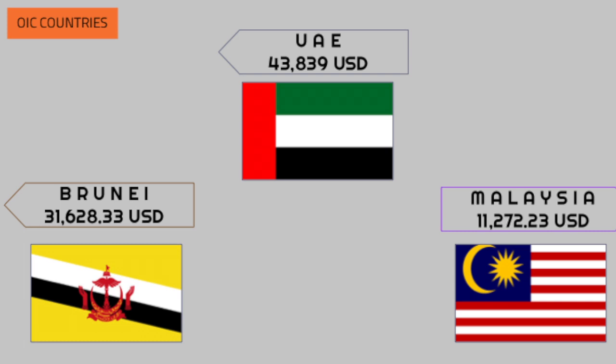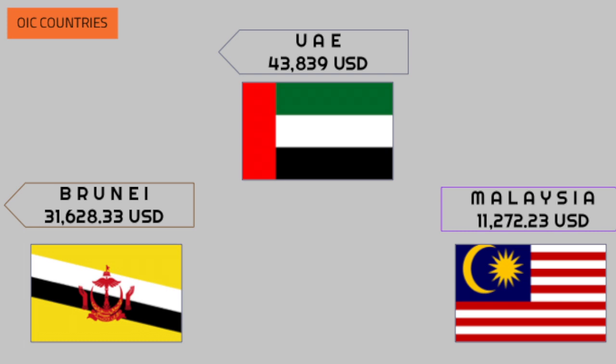Next is the comparison of the GDP per capita in OIC countries, which are Malaysia, Brunei and the United Arab Emirates in 2018. The UAE has the highest GDP per capita of the three countries, which is $43,839 with a population of 9.631 million people. This shows that the average living standard and well-being of the UAE are in a good state.